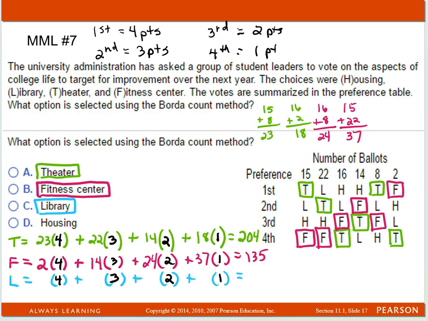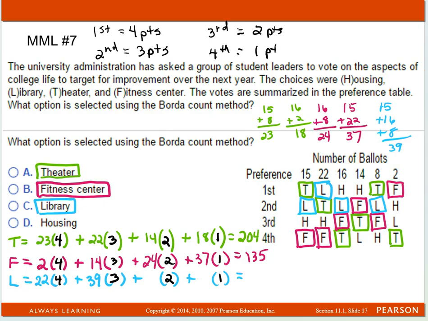L, L, L. There's only one L in first place, and that's 22 people that put it there, so 22. Second row, oh boy, I've got 15 here, 16 there, and 8. So I have to add 15 plus 16 plus 8. 15 and 16 is 31, and 8 is 39. So there are 39 second place votes.